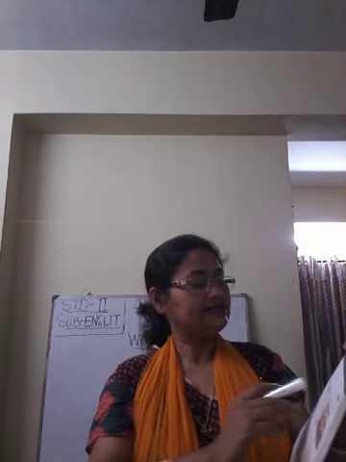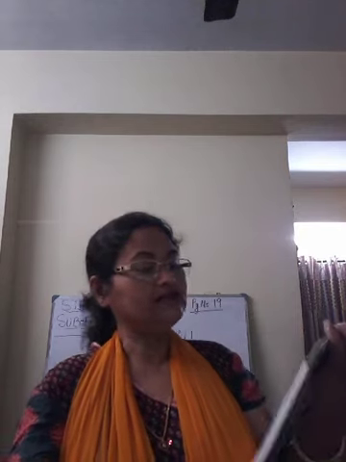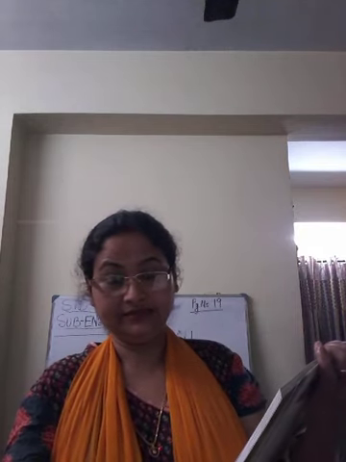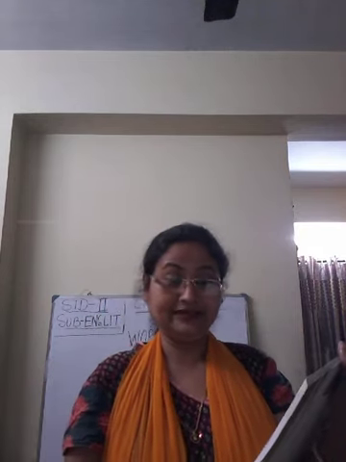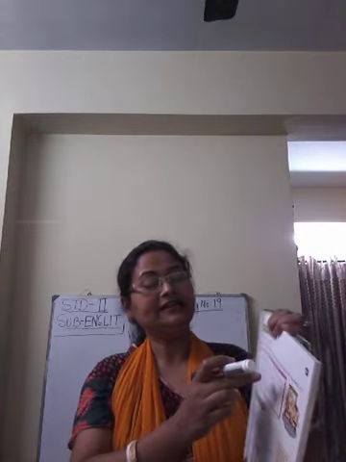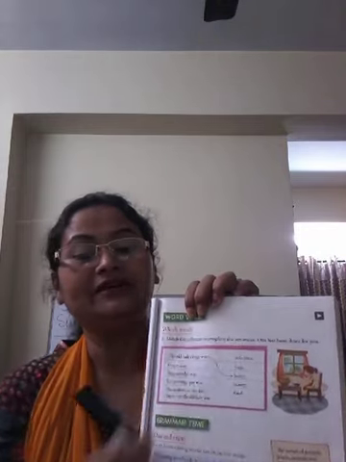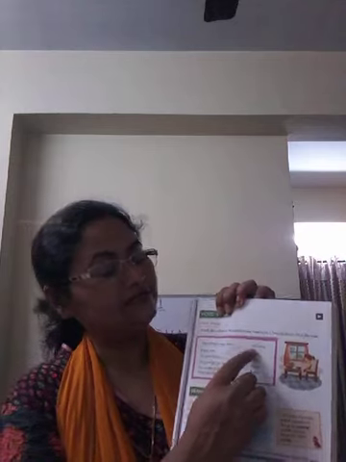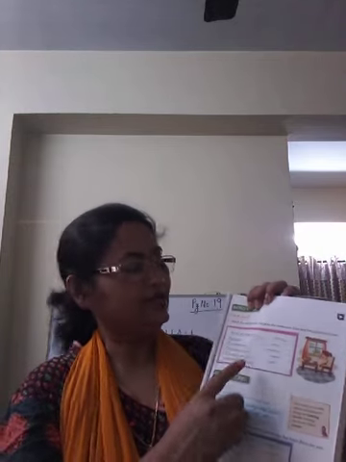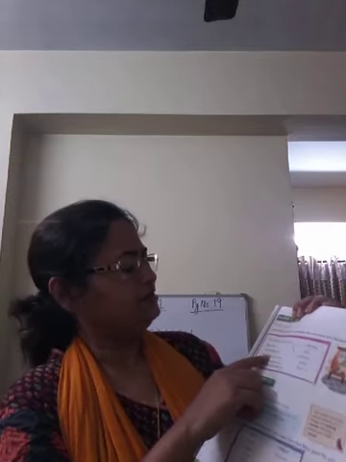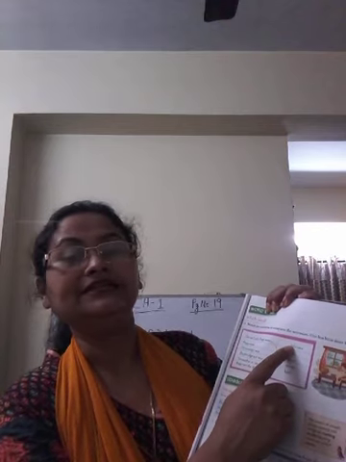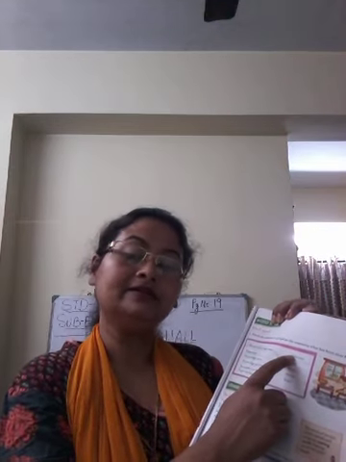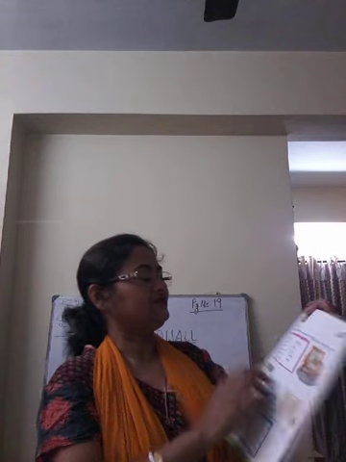Fine. Next, the porridge was, how was the porridge? Tasty, very tasty. So it was delicious. What is the meaning of delicious? Delicious means tasty. So the porridge was delicious. Done? Okay. Next one.